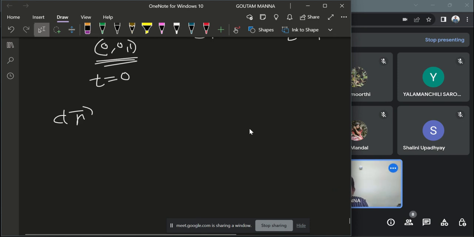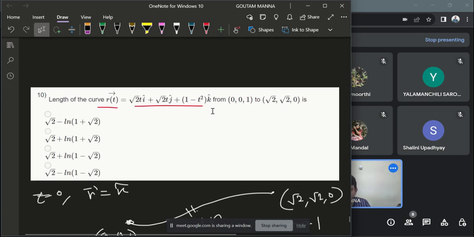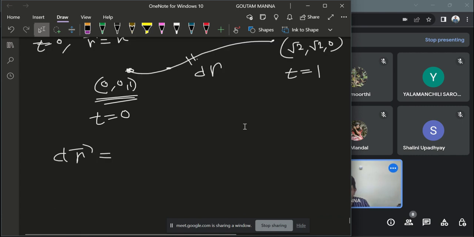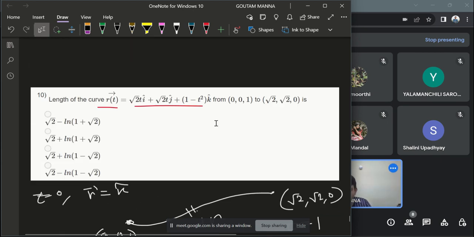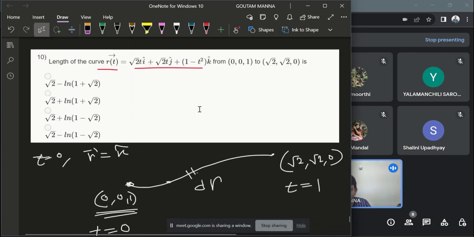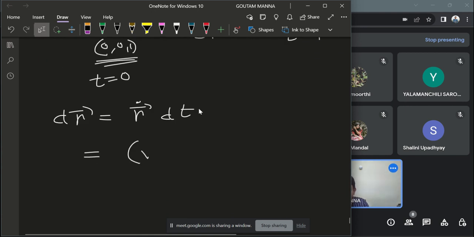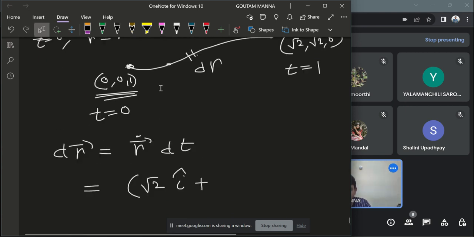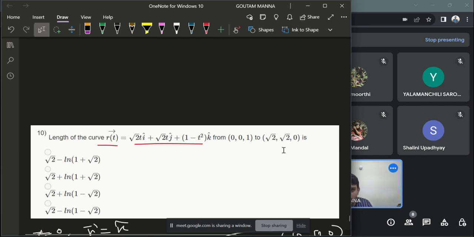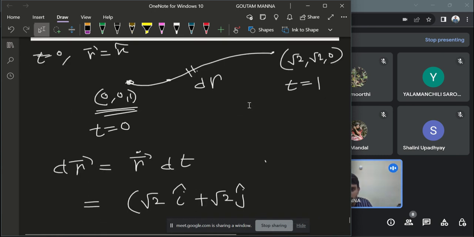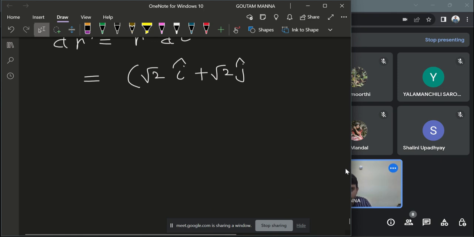So the vector dr will be just r dot dt, which is root 2 i cap plus root 2 j cap, plus sorry, there will be minus, so minus 2t k cap, times dt.